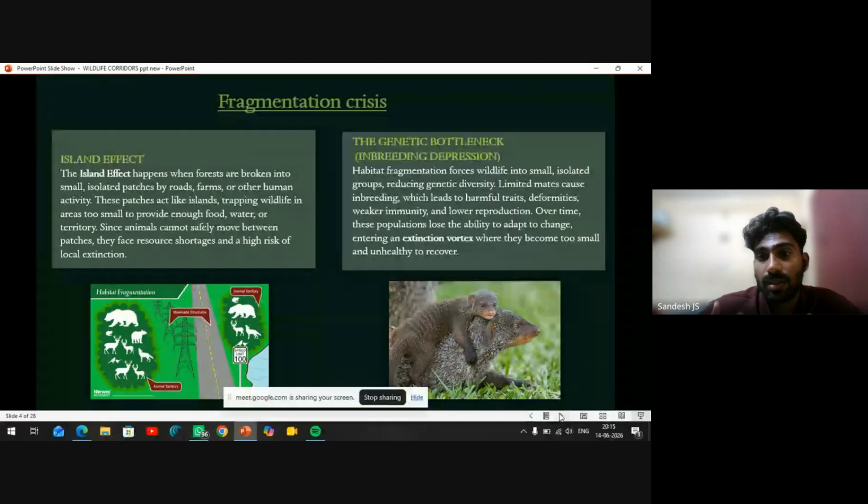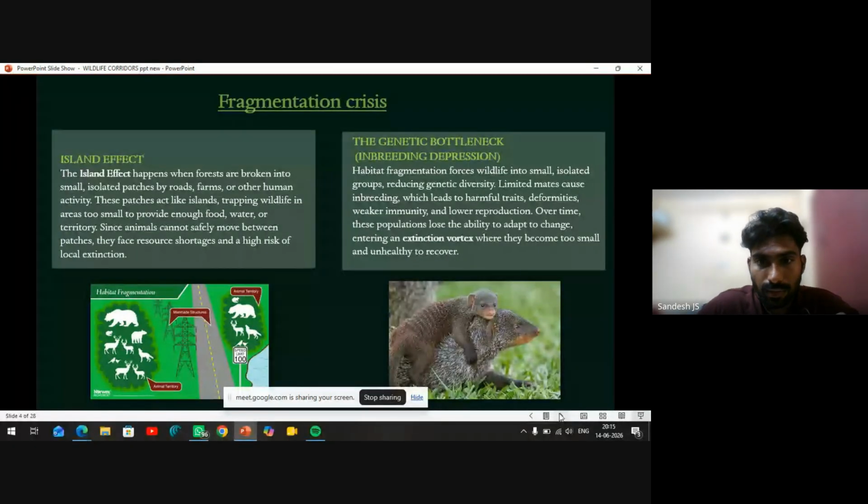So because of this inbreeding depression, no new genes are coming into this population as they haven't moved. So they mate with close relatives and they have this inbreeding depression like lower reproduction, weaker immunity, unhealthy offspring. So gradually they lose the ability to adapt to environmental changes.